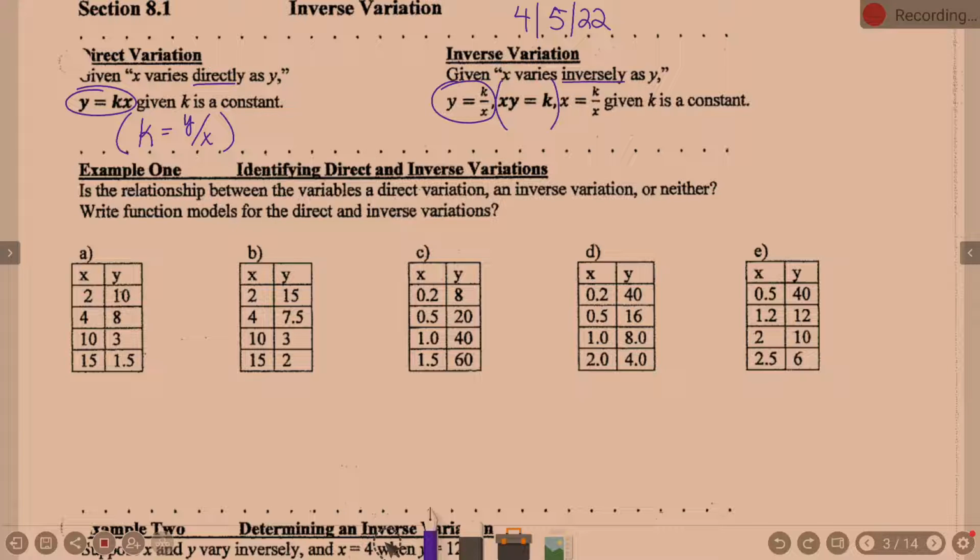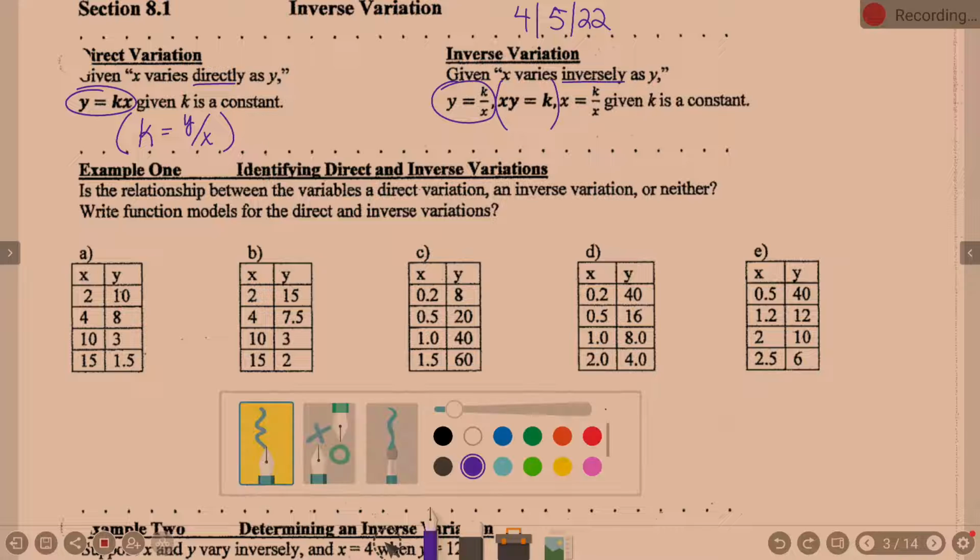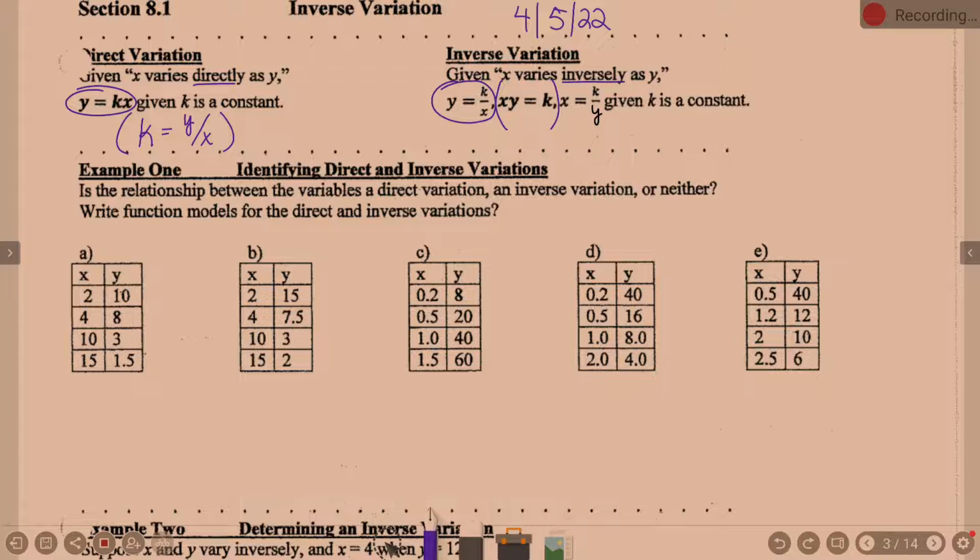Now I believe, if you notice, there is a typo in this other one, because k divided by x equaling x cannot be true. I think the denominator is supposed to be y there. Okay, so that is x equals k divided by y.